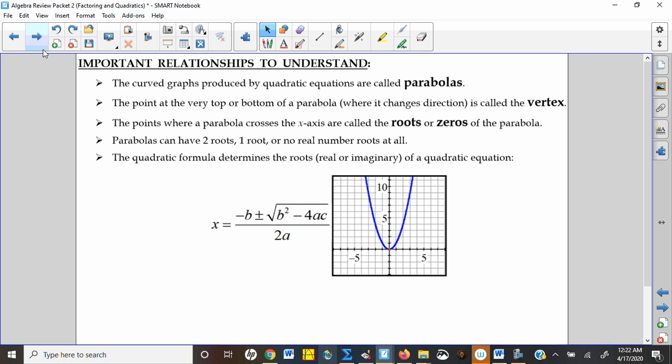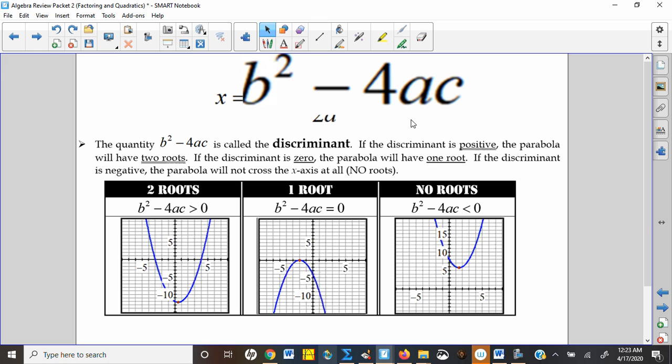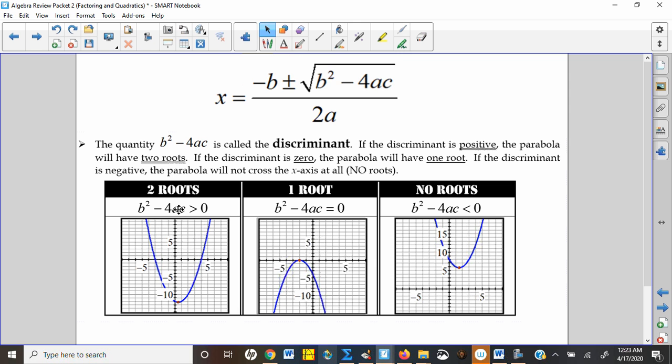Speaking of numbers of roots, let's talk about the discriminant. So we're still on page 8. This is at the bottom. The discriminant, which sounds like a kind of gnarly thing, is really just the part inside the root. And so if you just plug a, b, and c in here and test it, it's either going to be positive, or it's going to be negative, or maybe, if you're really lucky, it'll be exactly 0.